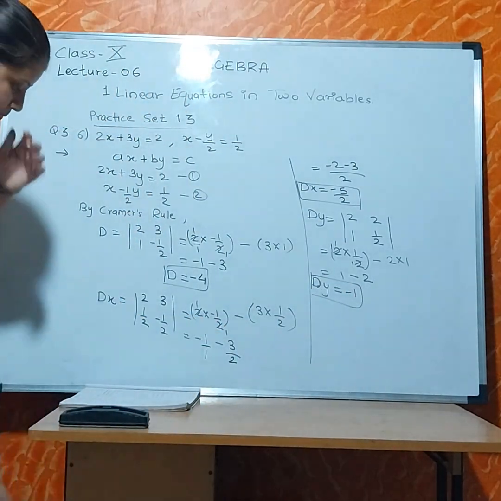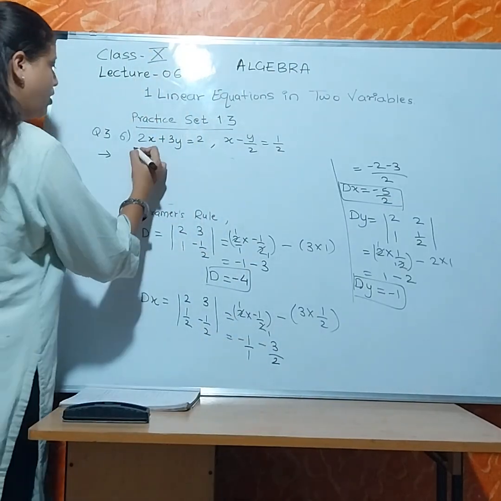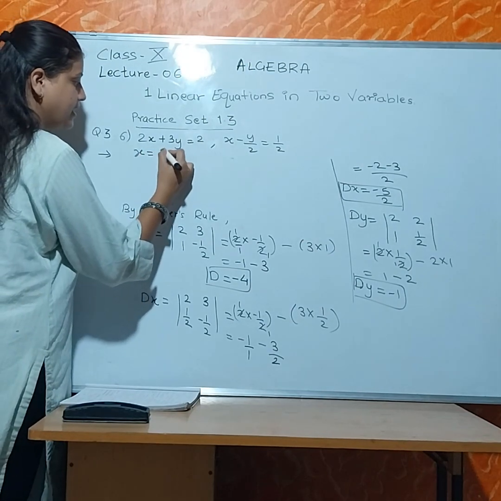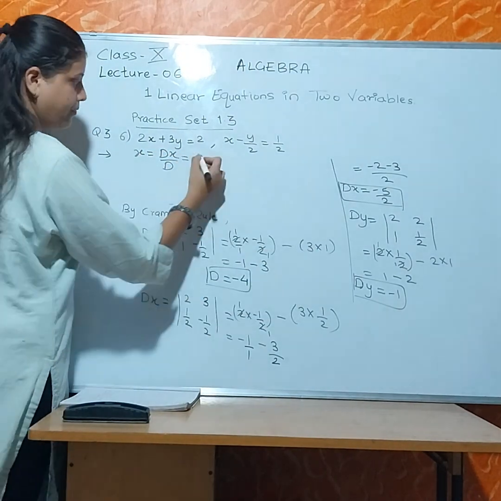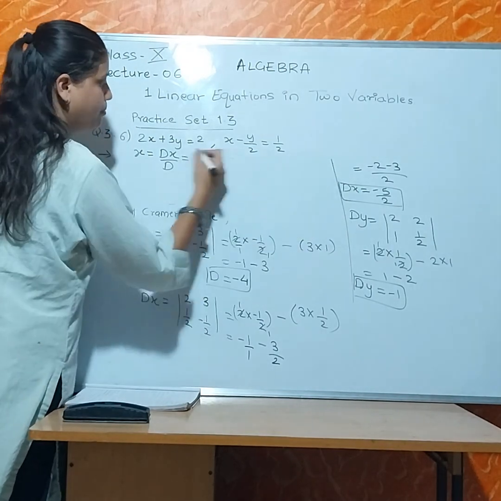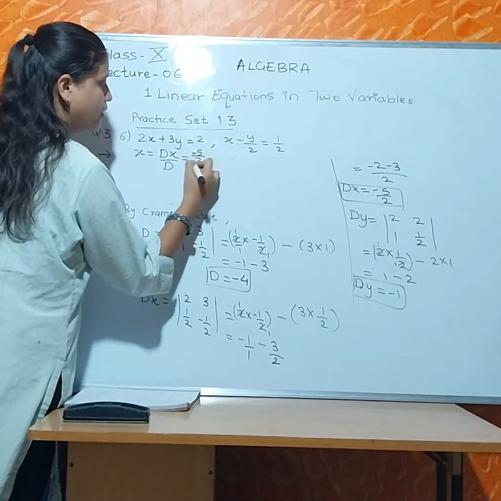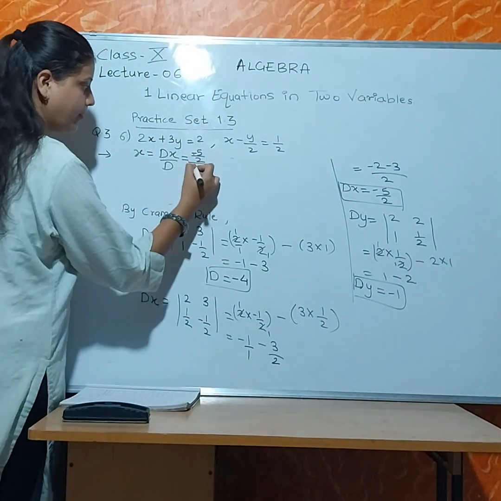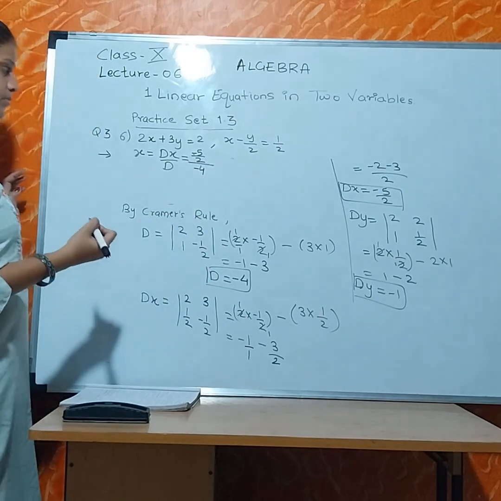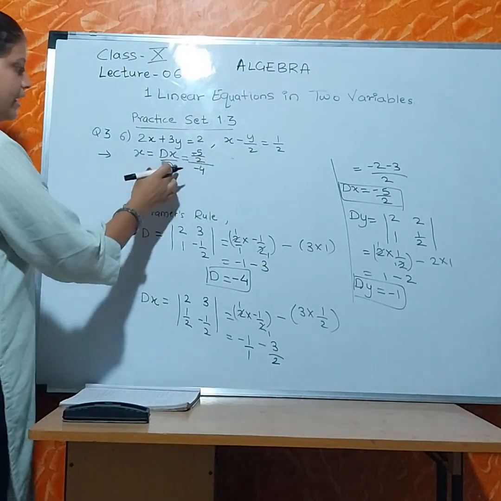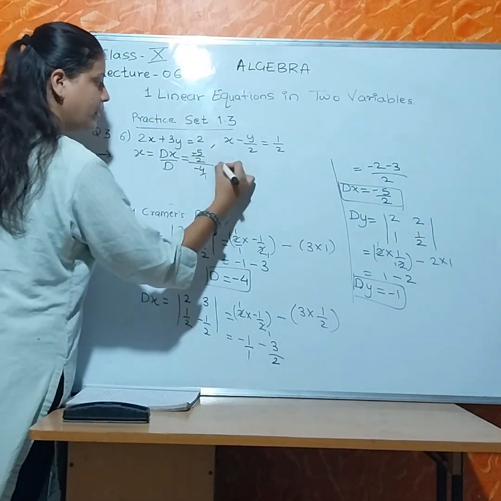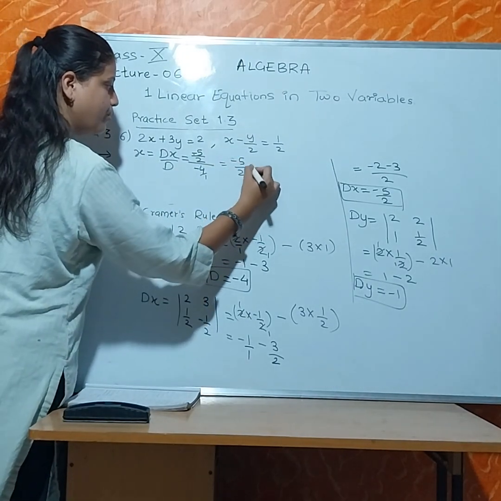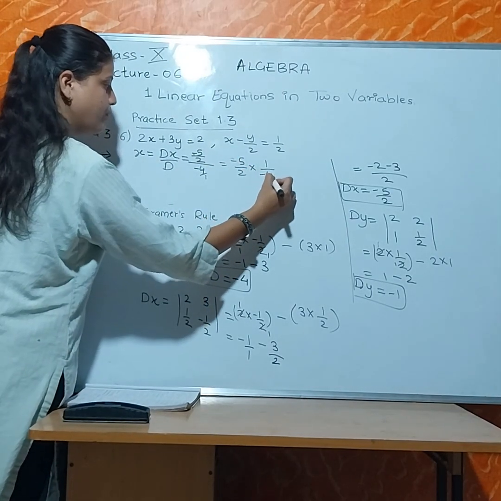Understood? Now we will find the value of x. So x is Dx upon D. What is Dx? Minus 5 upon 2, upon what is D? Minus 4. Now how will we solve this? Here minus 4 is nothing but minus 4 upon 1. When it goes up, it becomes minus 5 upon 2 into 1 upon minus 4.